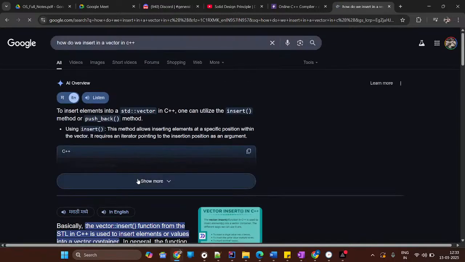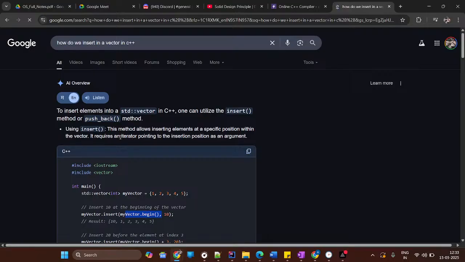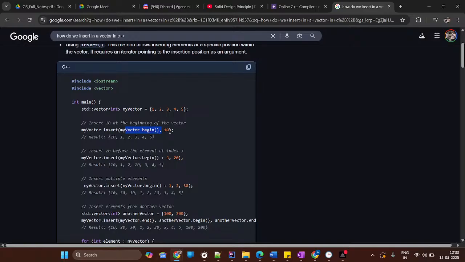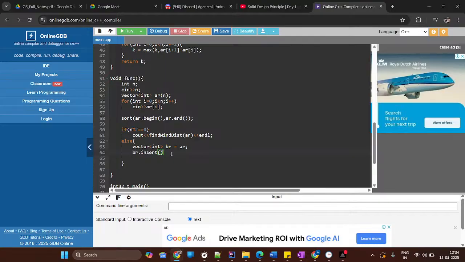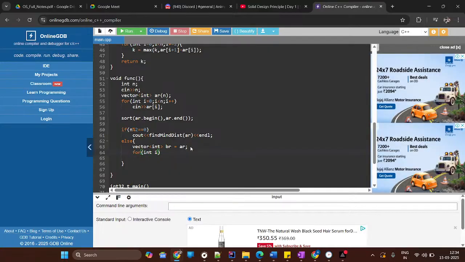Okay, let's see here. Dot insert begin. Oh, we have to give the iterator. It requires an iterator pointing to the insertion position as the argument. Okay, fine. So we just run a loop where to insert: for int i equals 0, i less than n, i plus plus, we do dot insert.